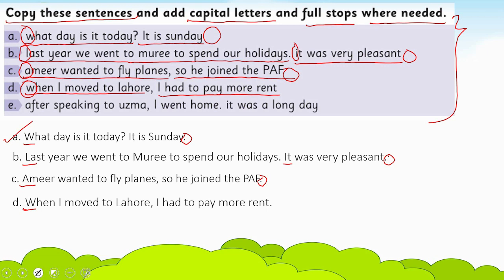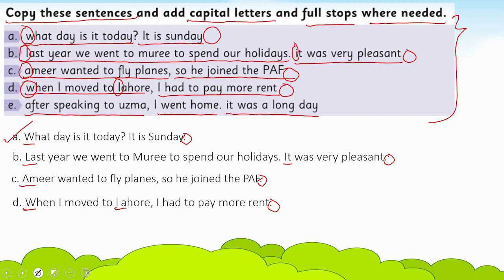Again, there is no full stop here, and here the full stop is mentioned. Yet again, the L of Lahore is small here, and the L should be capitalized because Lahore is a proper noun.